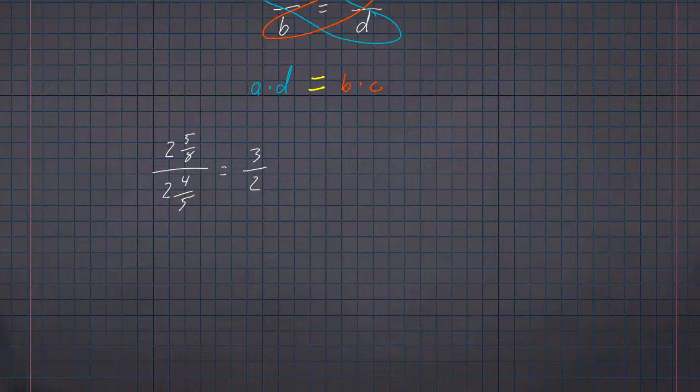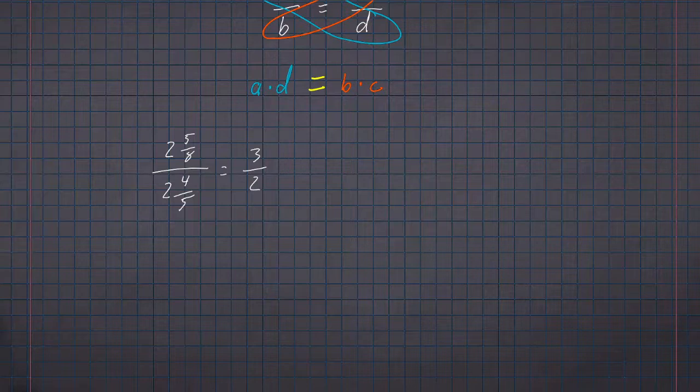For example, I might look at a proportion. I claim that 2 and 5/8 over 2 and 4/5 is equal to 3 over 2. I can test if this proportion is true by simply multiplying the cross terms.